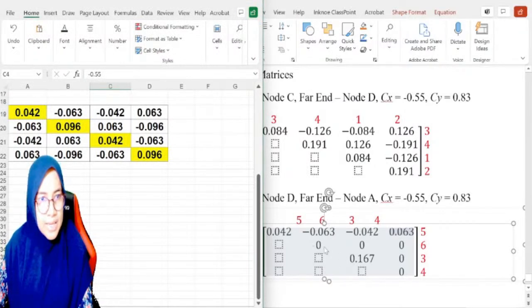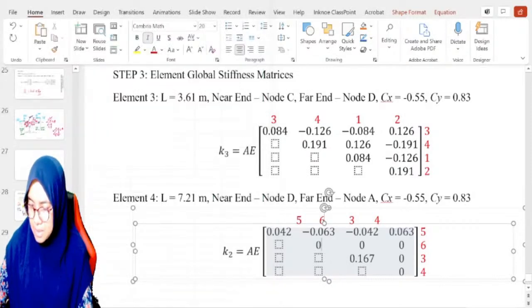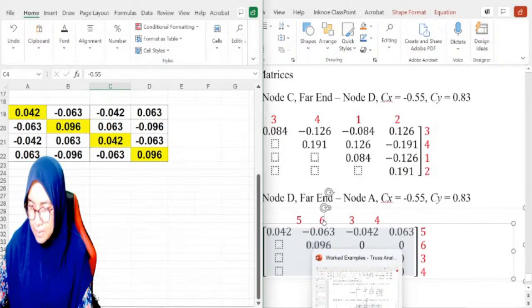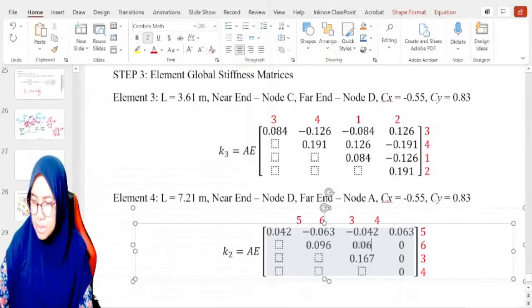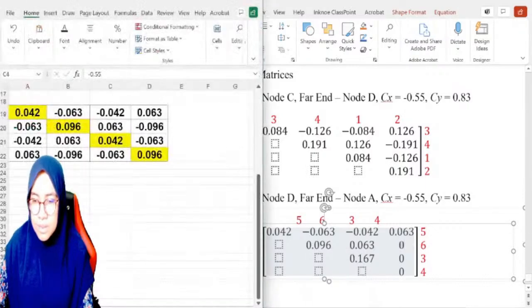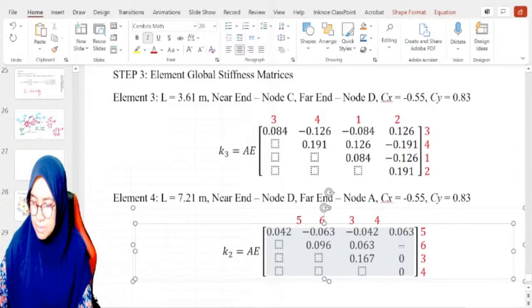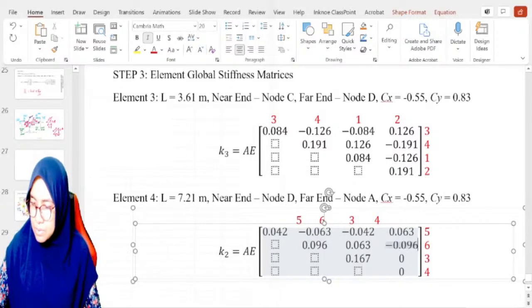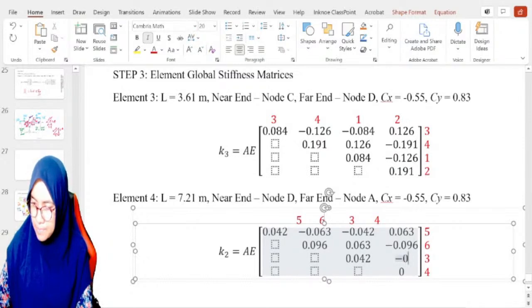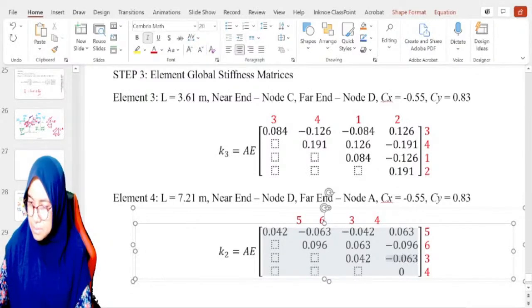Then 0.096, 0.063, negative 0.096. So here is 0.042, the next 0.063, then 0.096.